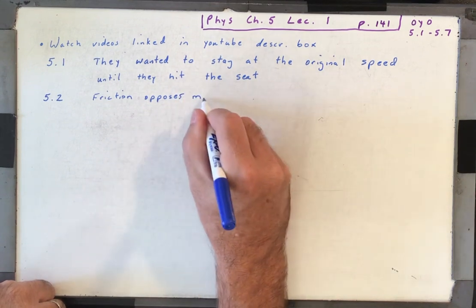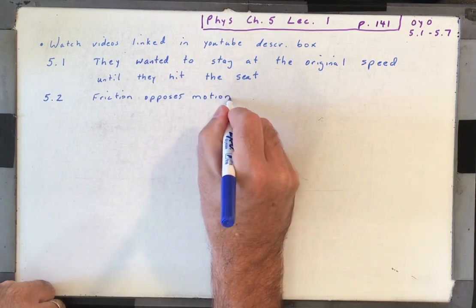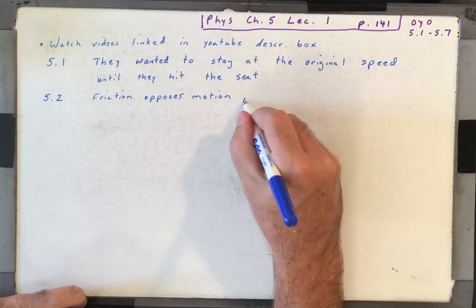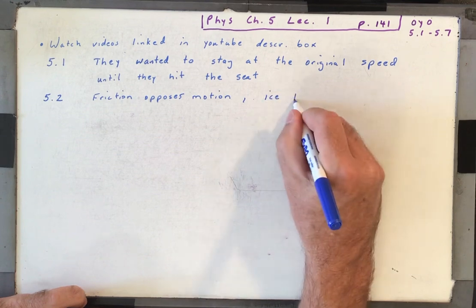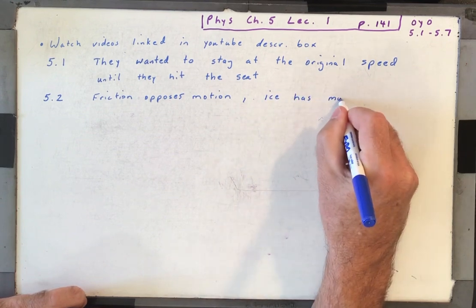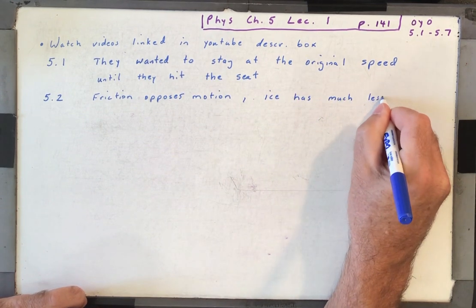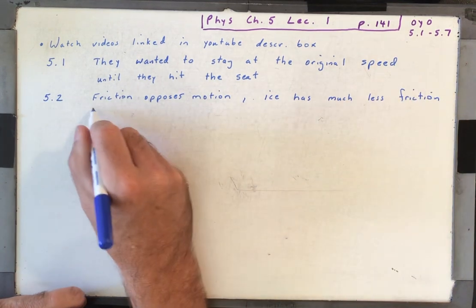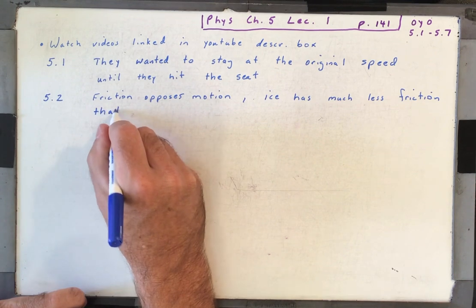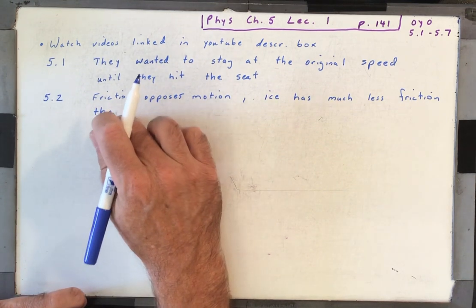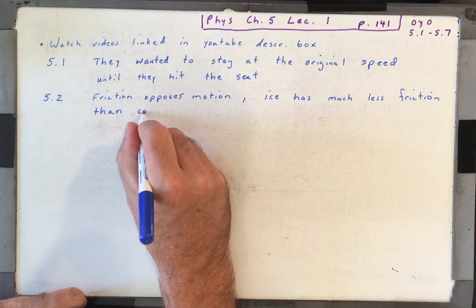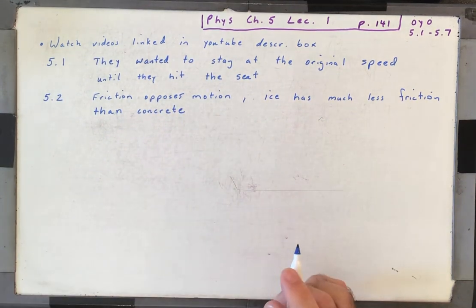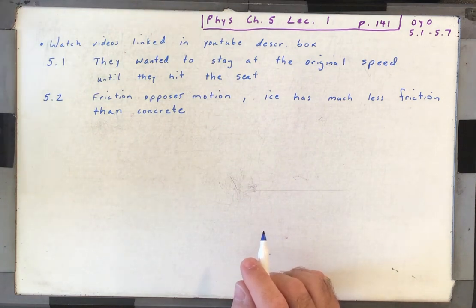So it's an impediment to motion. So ice has much less friction than concrete. It's much more slippery, right? So if you have less force opposing the motion, then that block of wood will go farther.